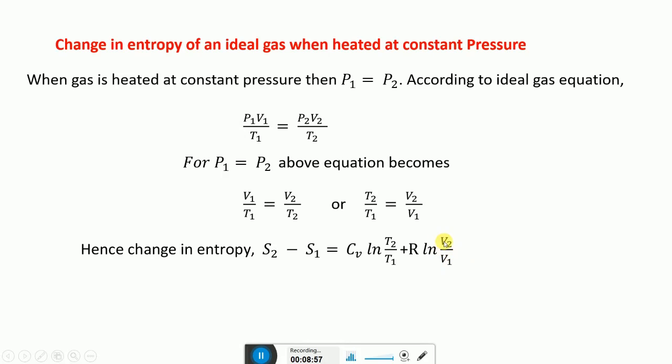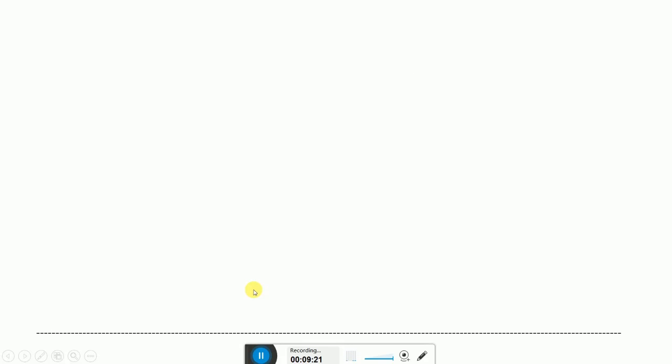So we get S2 minus S1 is equal to Cv log V2 upon V1 plus R log V2 upon V1. So log of V2 upon V1 is common here. So we get S2 minus S1 is equal to Cv plus R times log of V2 upon V1.